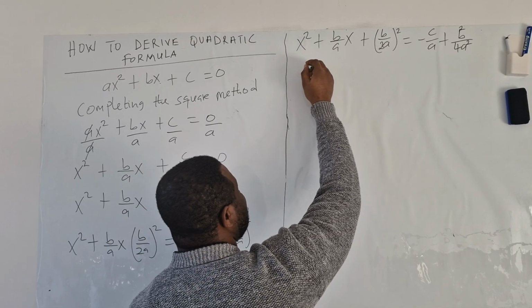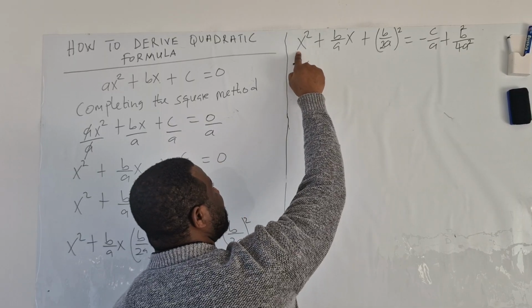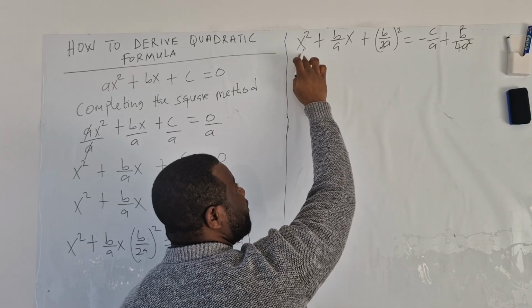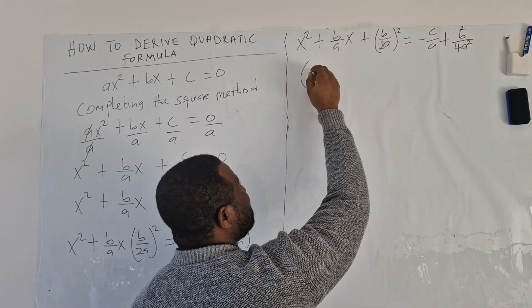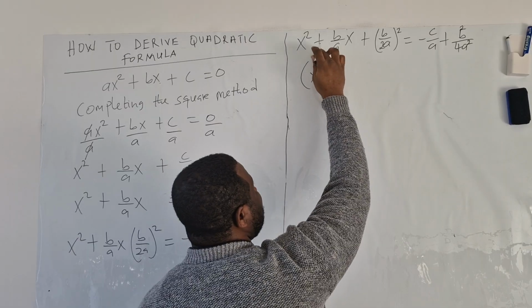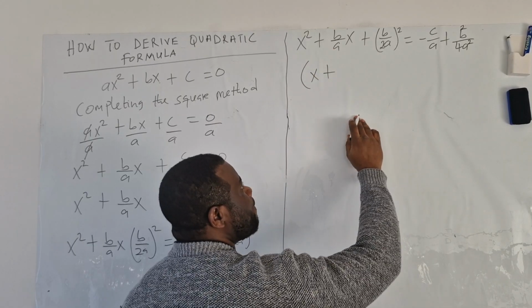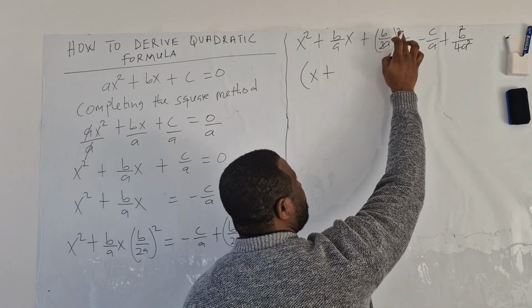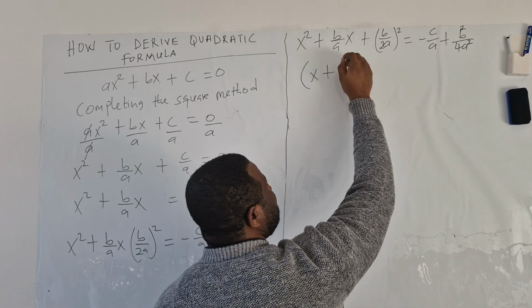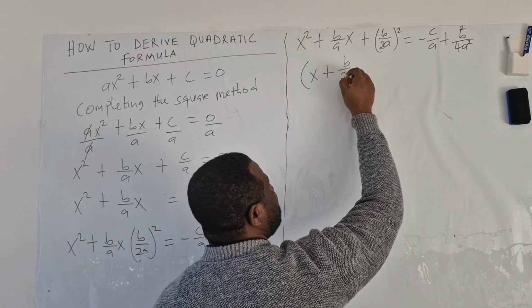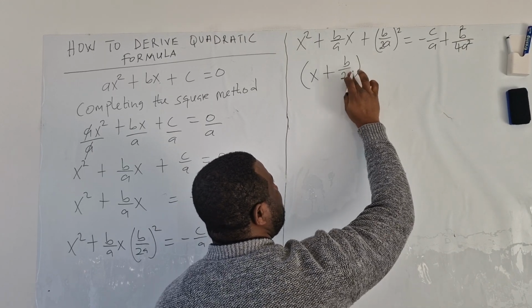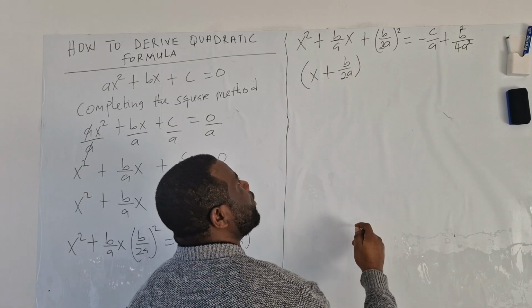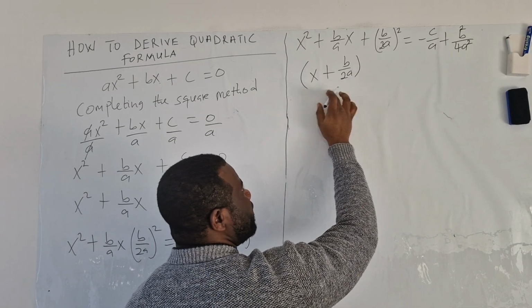Open a bracket here. We take the variable which is squared, and that is x. You bring your sign here, plus. Then the constant that is square, you bring that constant here, which is b on 2a. Good. Then we square this whole bracket.